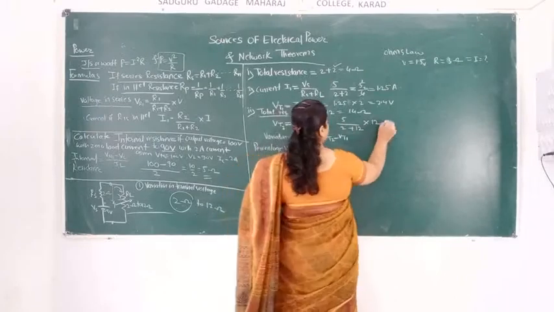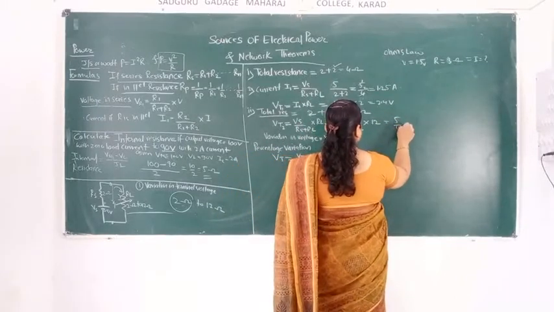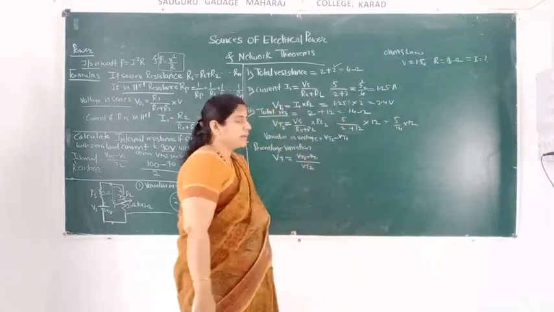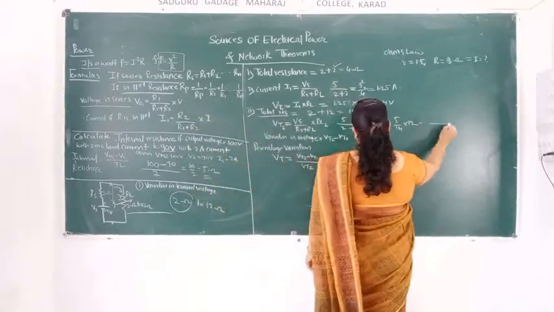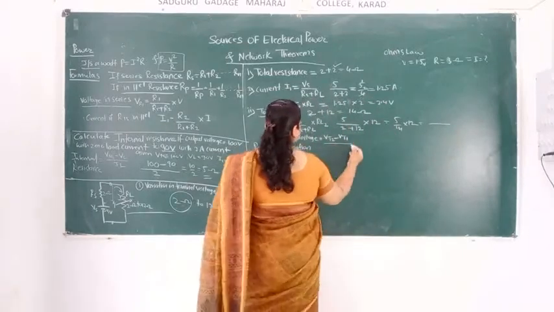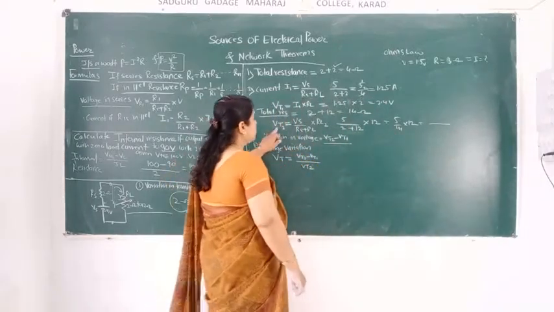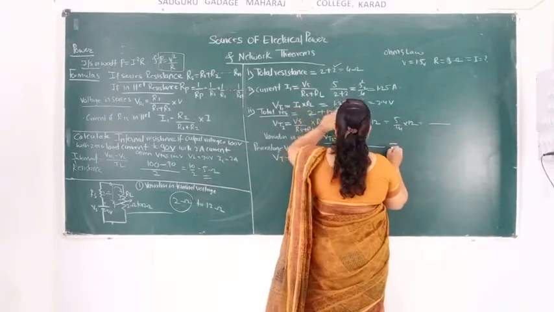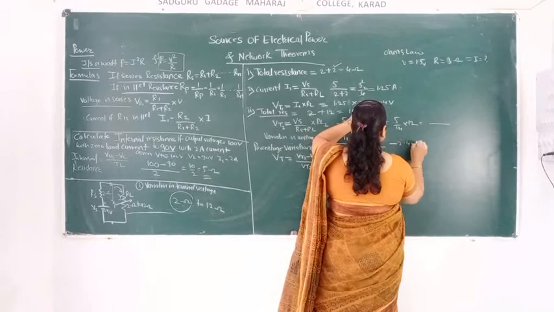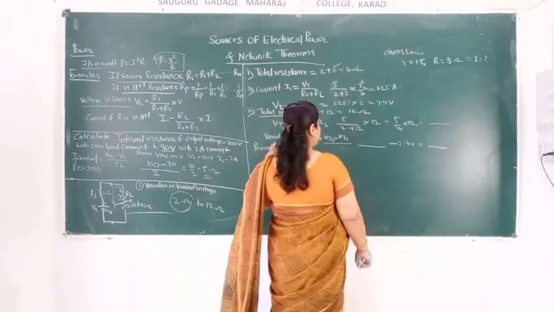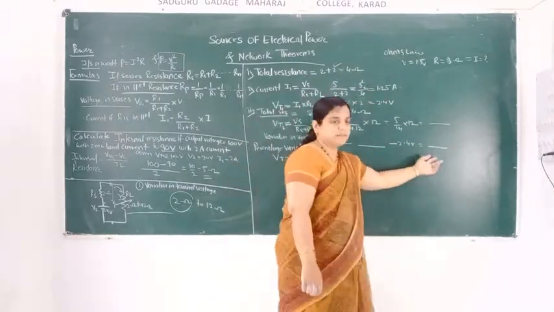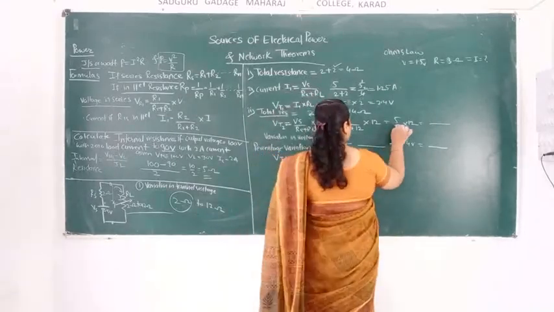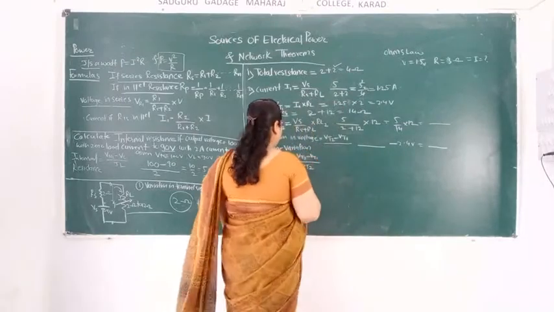So 5 upon 14 into 12 is the Vt2 that we have to find out here as a fraction number. Then the difference is Vt2, whatever answer you get as the fraction number, minus Vt1, which is 2.4 volt. Whatever answer comes here you can write it here. You have to solve this using a log table or calculator.